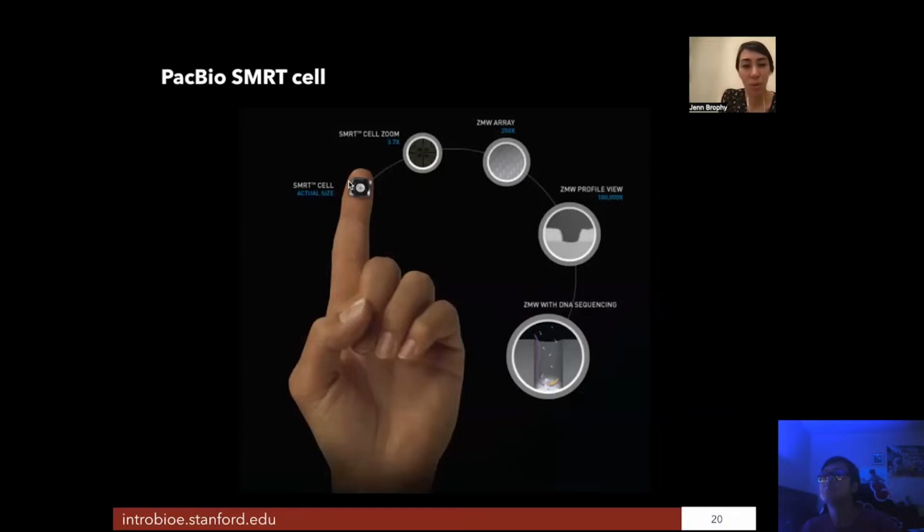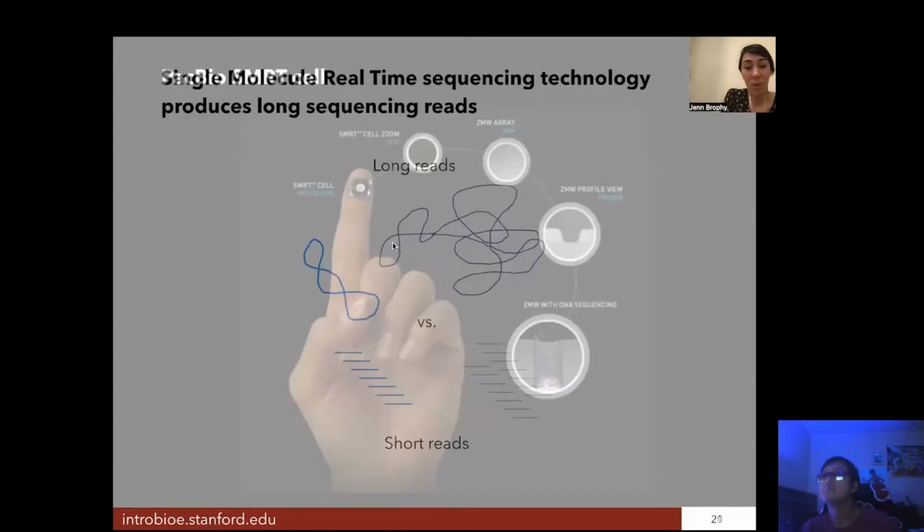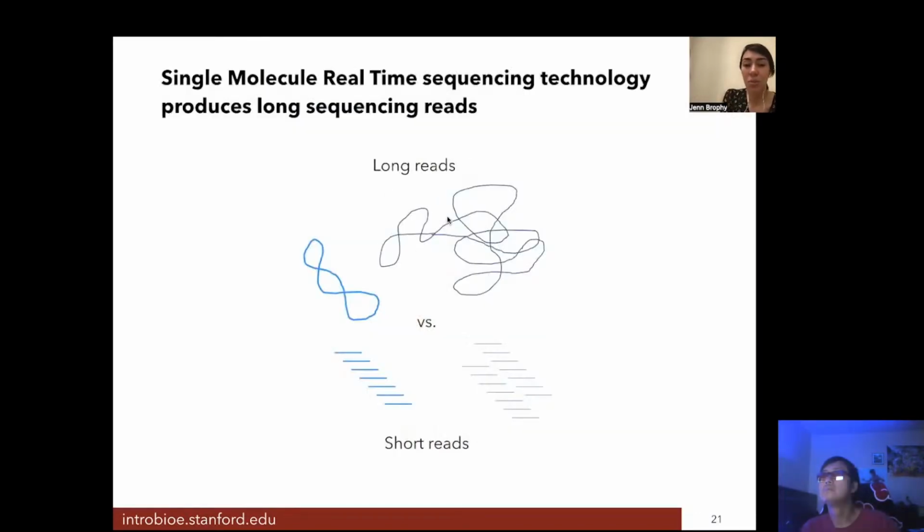It's just stepping through different magnifications here so you can see what's happening inside of these SMRT cells. So it's an exciting method of being able to take long read measurements, where you can take a long molecule of DNA and sequence the whole thing instead of having to break it into small pieces like you do for Illumina sequencing.